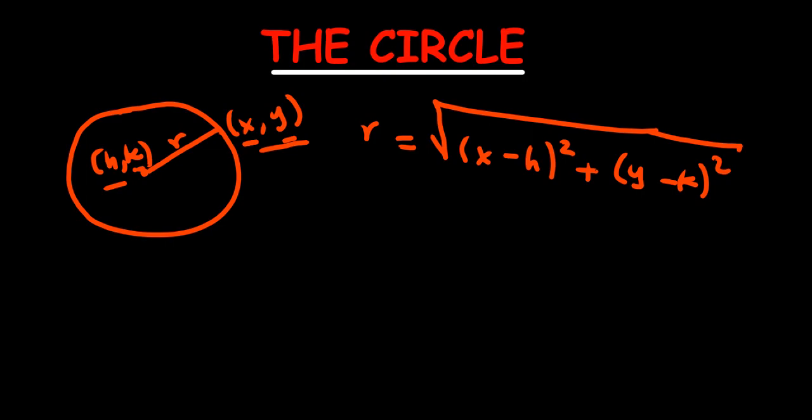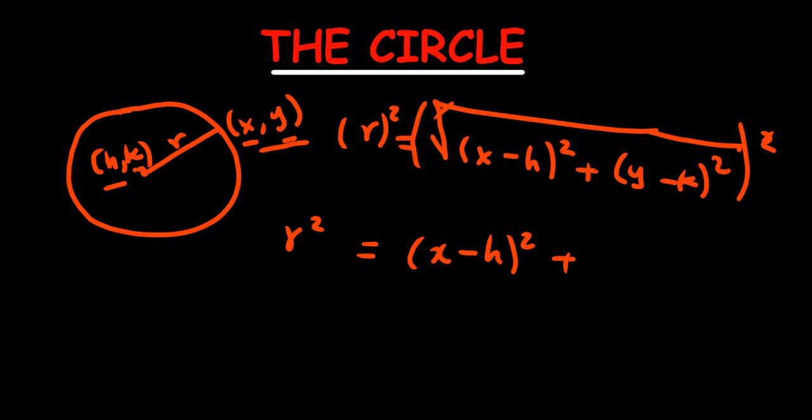So I can square both sides to get an equation for my circle. If I square both sides, you see that we have r squared is equal to, so the square and the root will cancel, then I'll have x minus h squared plus y minus k squared.